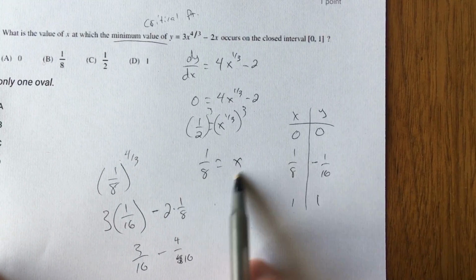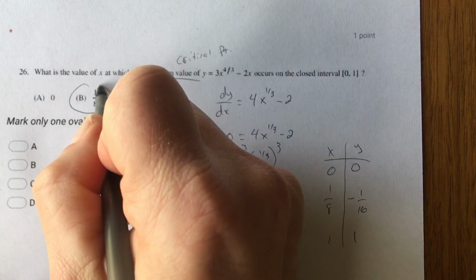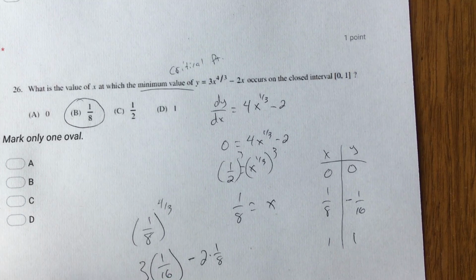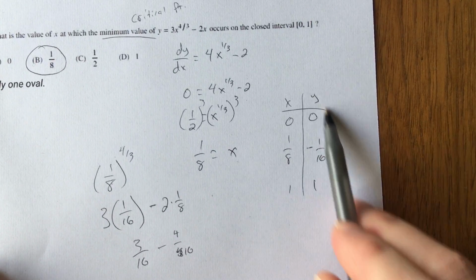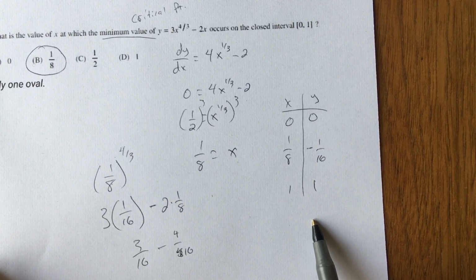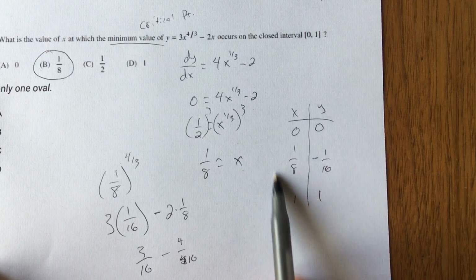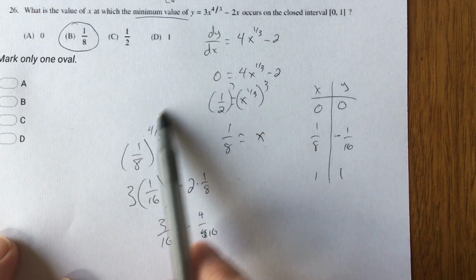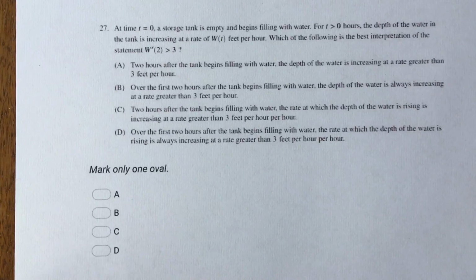Now, if you get to the 1/8 and you just want to roll the dice, you would have been lucky on this one. 1/8 is the place where that minimum occurs. But technically, if you're doing free response, which we will be doing, this is what they'll want to see. So this alone won't cut it. We have to get all the way to there. Hopefully, they're not jerks and give us fractions to work with, but you never know how cranky they are right now.